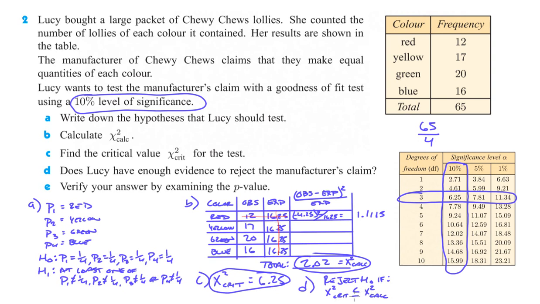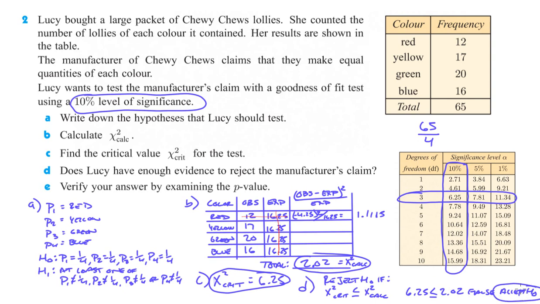It obviously means the same thing, but just to maybe keep things more consistent for us, that might make it a little easier. So if we set this up, our chi-squared critical value here is 6.25. Is that less than or equal to our chi-squared calculated, which is 2.02? This is false. So we don't reject H0, so that means accept H0.